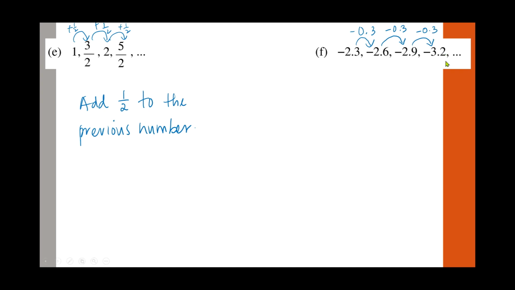All correct, right? So we need to describe it now. That will be subtract. Yeah, very good. Subtract 0.3 from the previous number. When it is subtract, you use from.